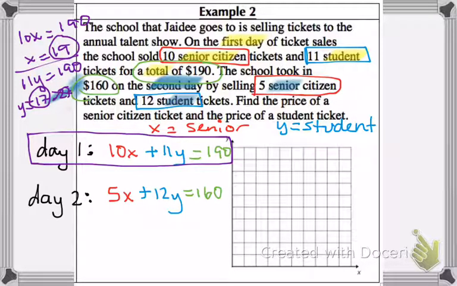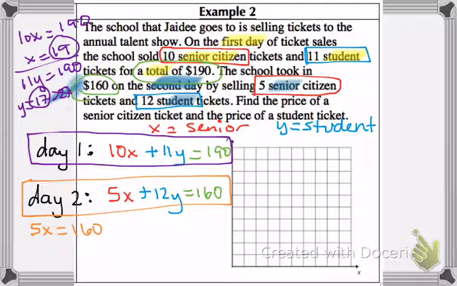So I'm going to actually go ahead and figure out what my x and y should be for the second equation here, just because I need to know how to scale my axis. So this one right here, we'll do orange. So I have 5x equals 160. Let's divide that. 160 divided by 5 is 32. Glad that I am doing this first, or I probably would have scaled it only to the 19 that I needed the first time. And then 12y equals 160.